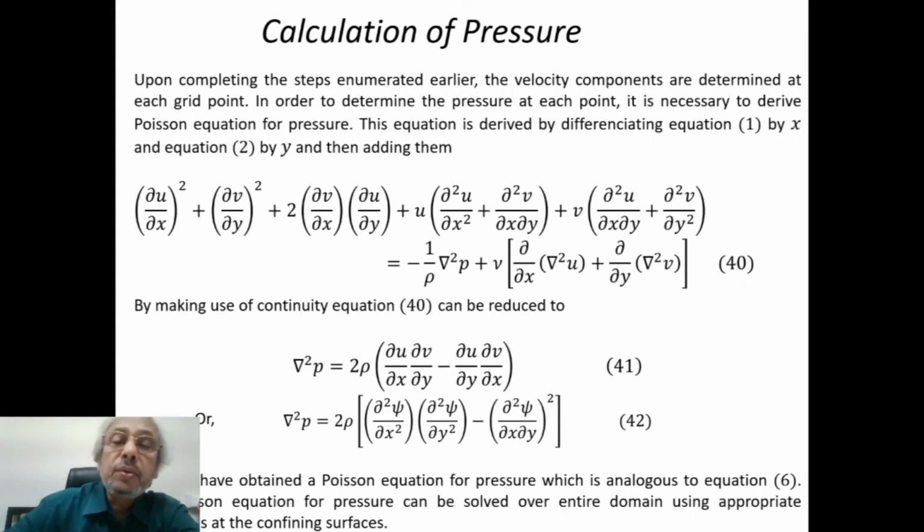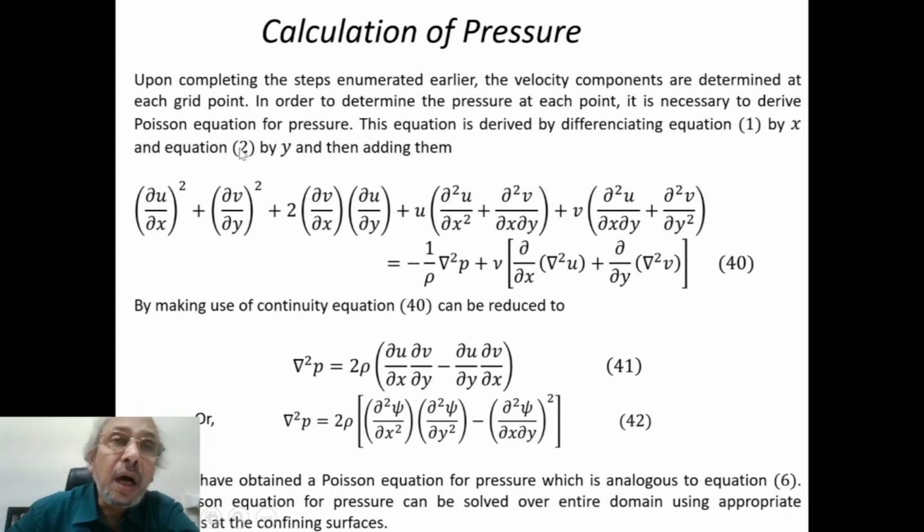So consider x; I'm giving an example through Cartesian coordinates. I have written equation 1, the x momentum equation, and differentiate it by x. Earlier, for forming the vorticity transport equation, we differentiated with respect to y, but now we are differentiating with respect to x.